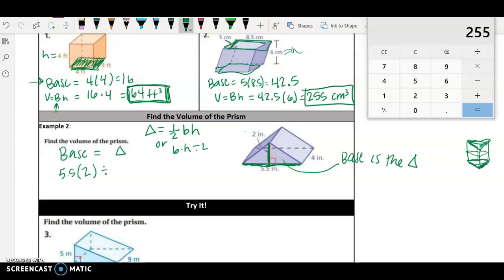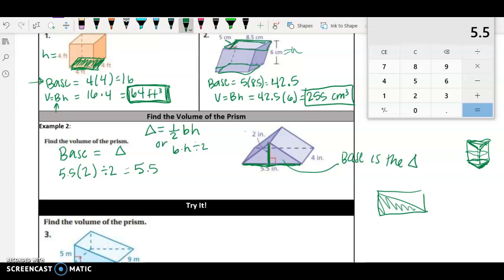And then we have to divide by 2 because a triangle is half of a rectangle. If we just did base times height, then we just found the area of the whole rectangle. We don't want the area of the whole rectangle. We only want the triangle. So we have 5.5 times 2 divided by 2 is 5.5.